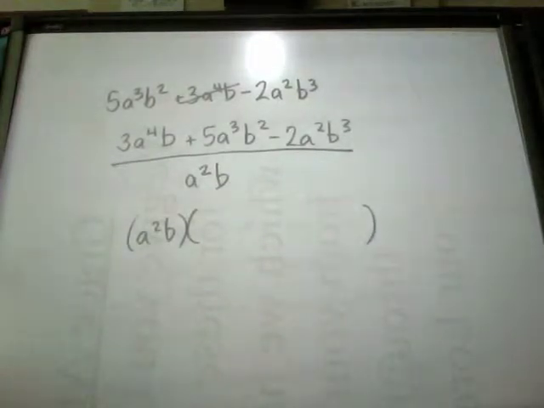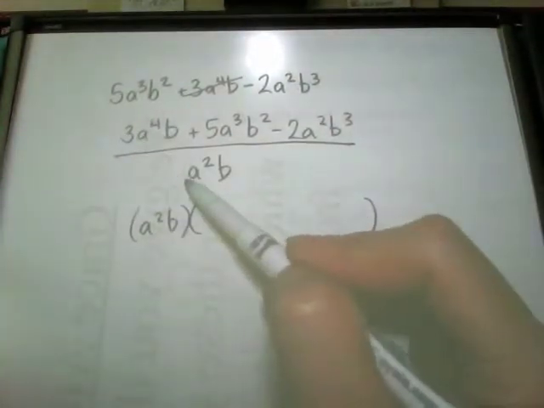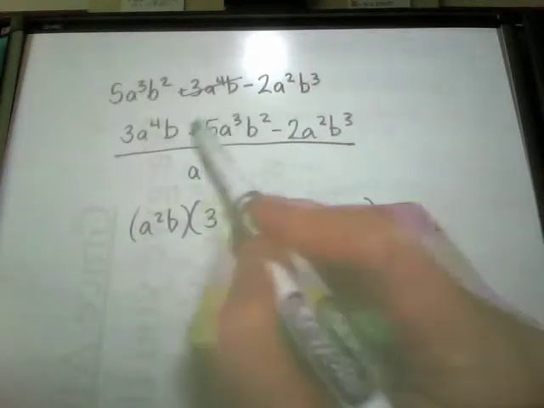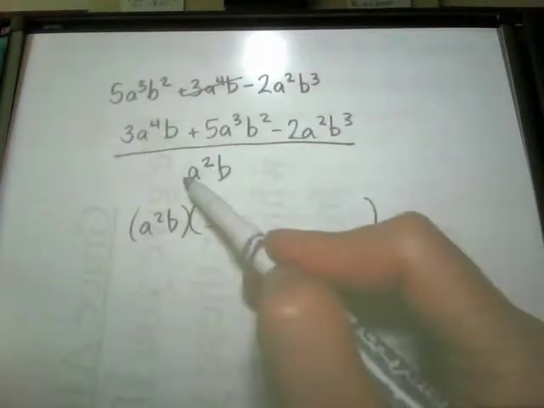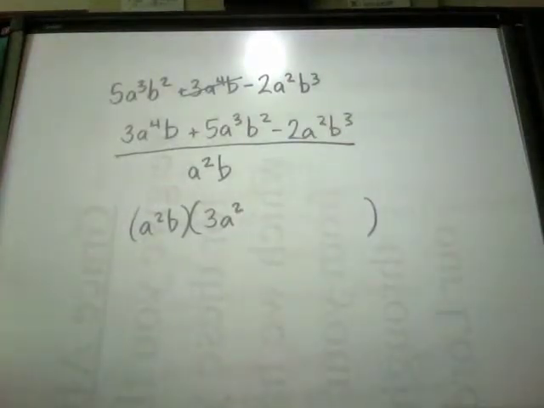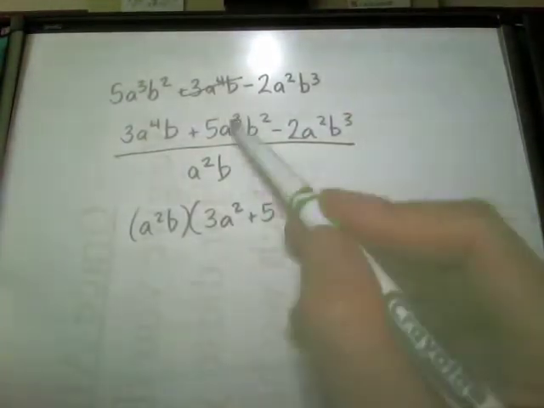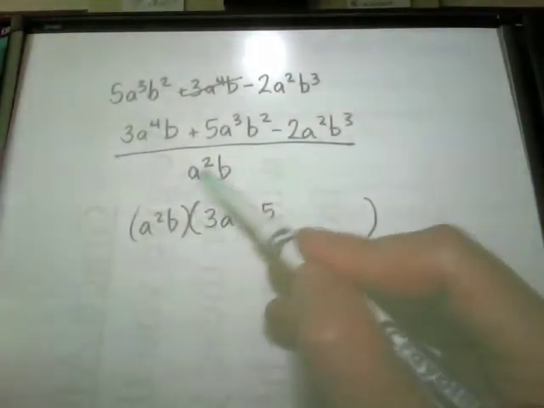My next factor, what's left over after I divide it out of all 3? 3 divided by the invisible 1 stays 3. A to the 4th divided by a squared. I get rid of 2 and 2. That leaves a squared in my numerator. B and B will cancel out. Next, the 5 stays. A cubed divided by a squared. I get rid of 2 from the denominator.